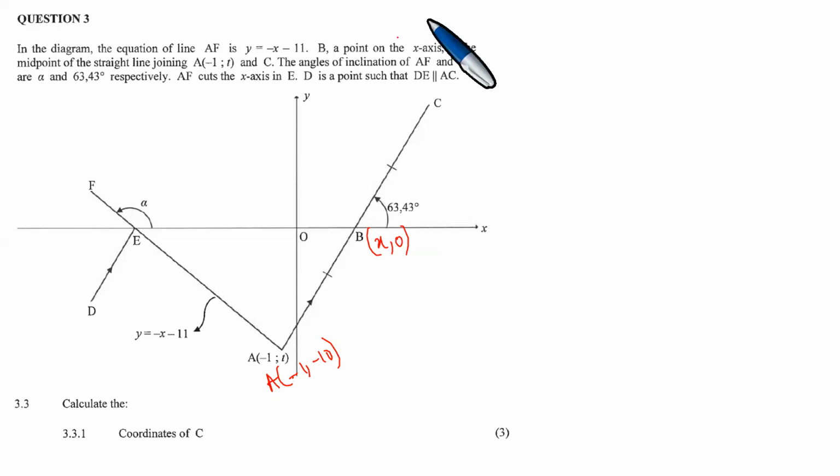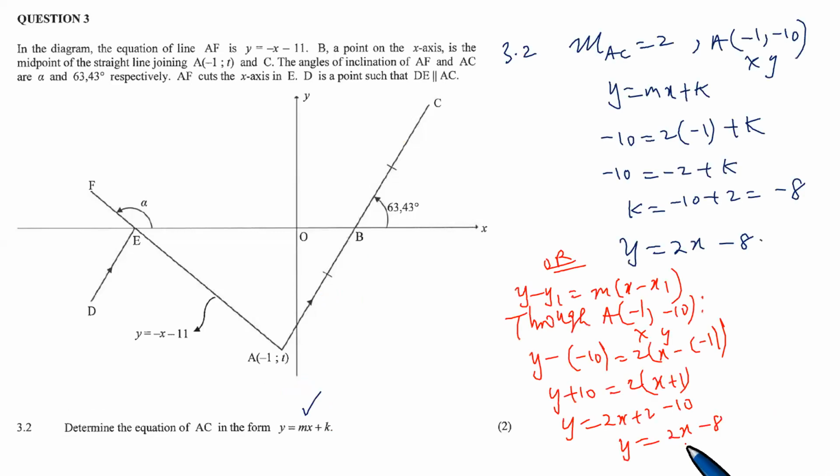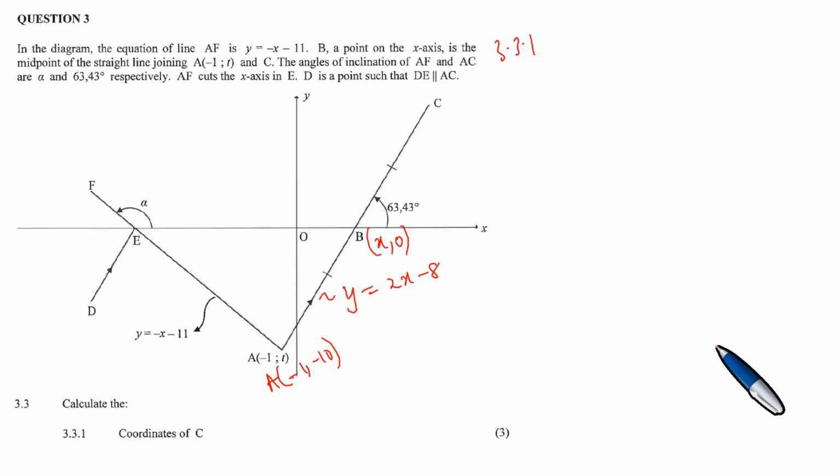So if you look at the answer to 3.3.1, you would realize that this equation of the line is known from the previous question. What did you get this equation to be? We got this equation to be exactly 2x minus 8, both using different methods.